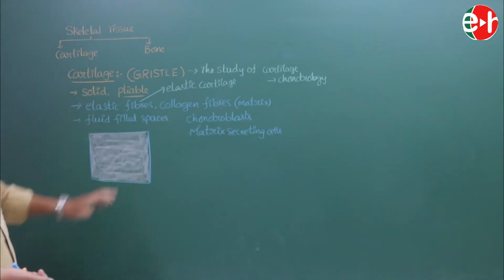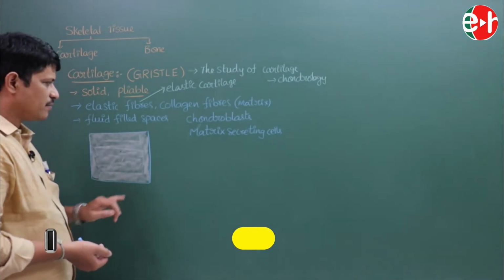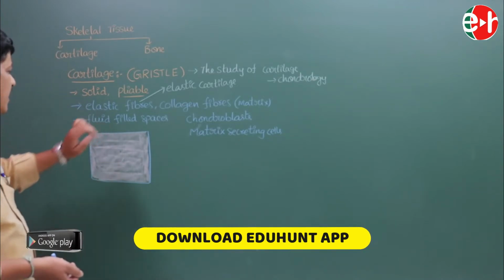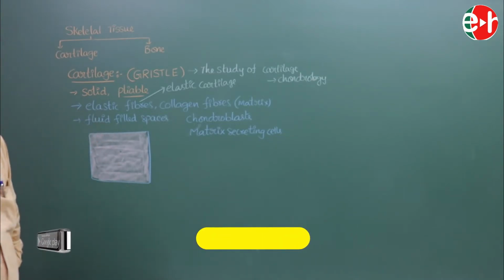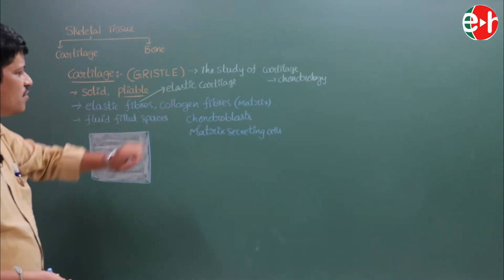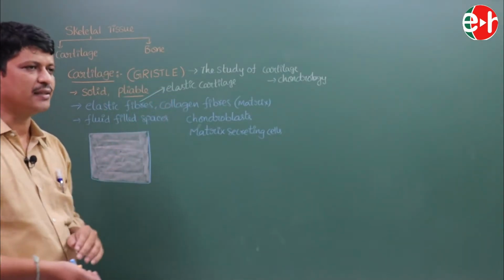Another name of the cartilage is gristle. See here, this is the matrix. Matrix secreting cells are known as chondroblasts. It contains both elastic fibers and collagen fibers. These elastic fibers are present in elastic cartilage, but collagen fibers are present in every part.